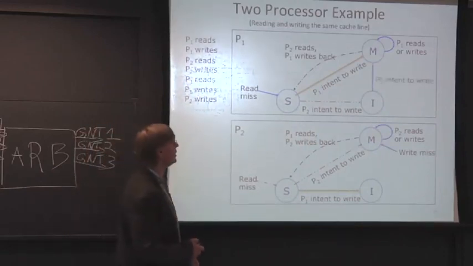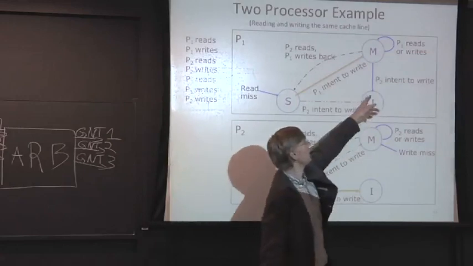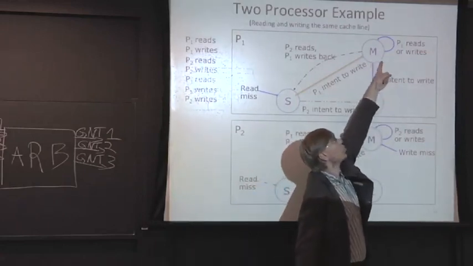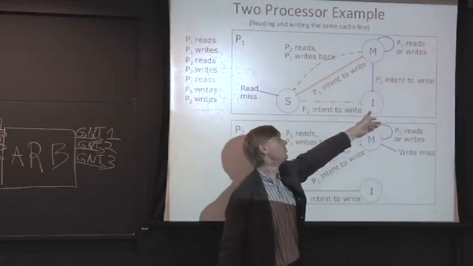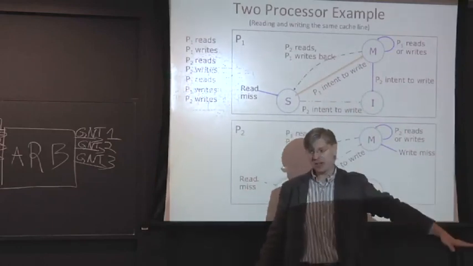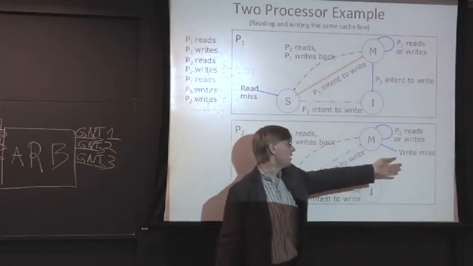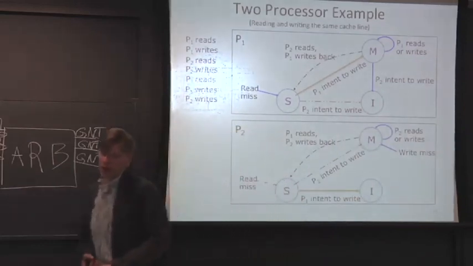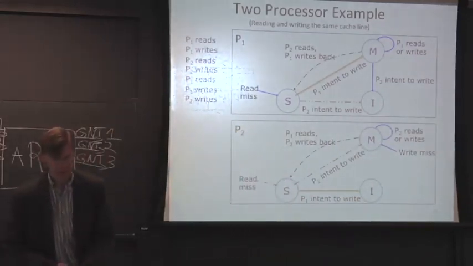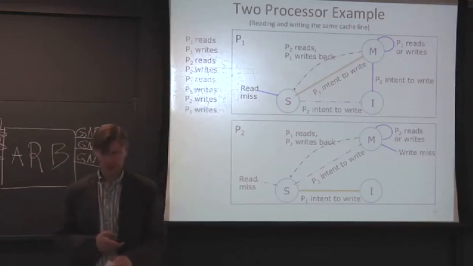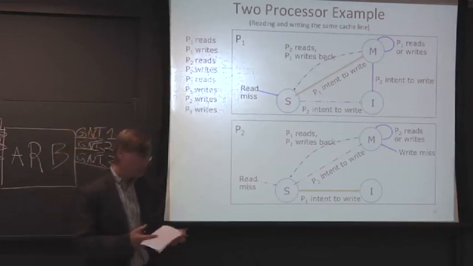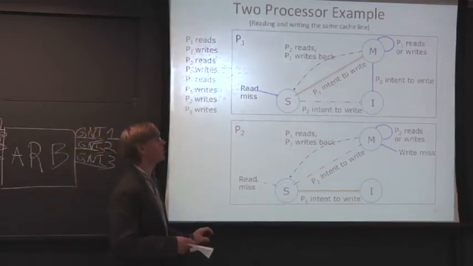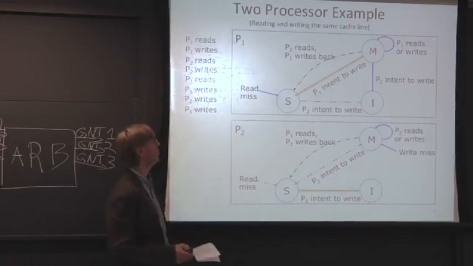And what's going to happen is when it sees the intent to write, processor 1 is going to have to transition from modified to invalid and write back that data. And only then can the write miss occur and processor 2 bring it into the write state, or the modified state, excuse me. And finally, processor 1 can try to do a write.